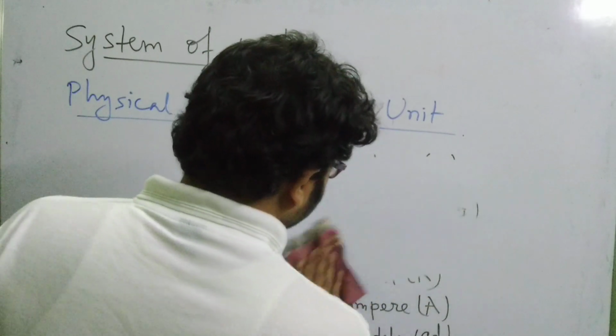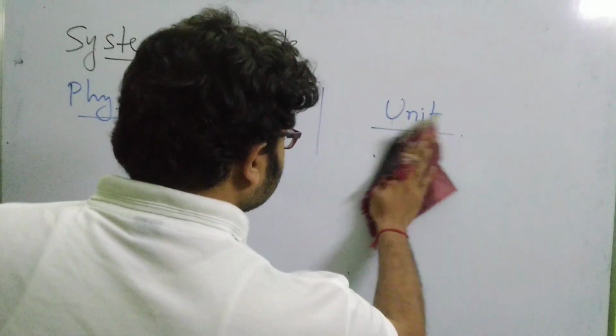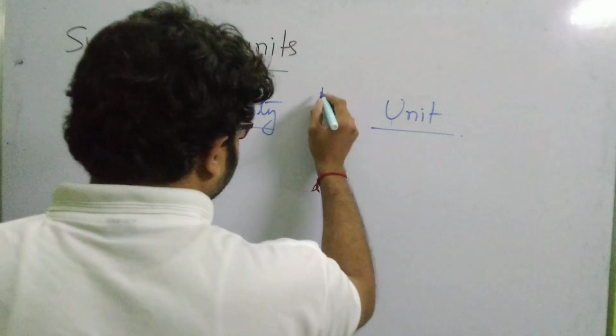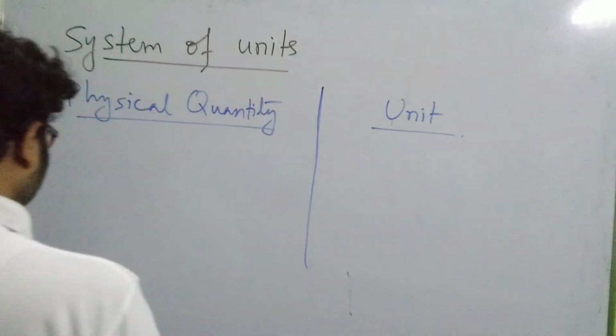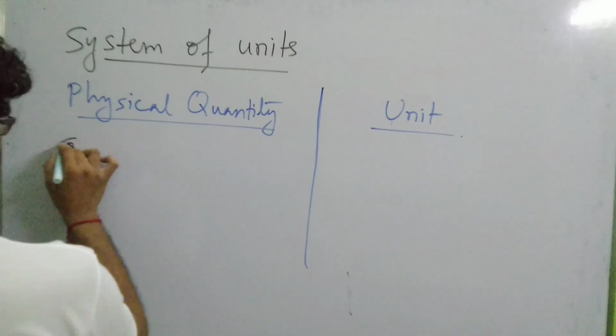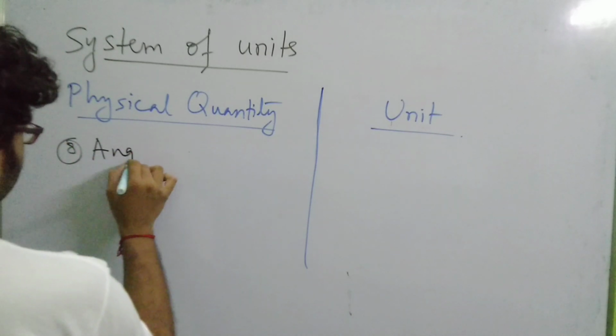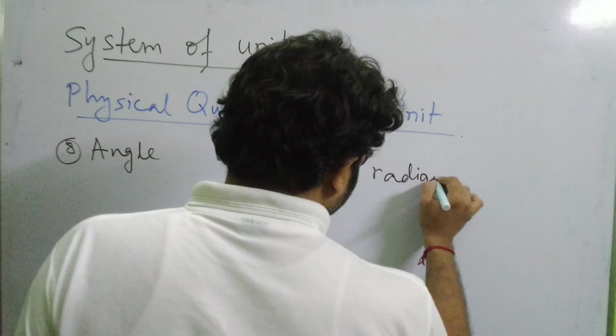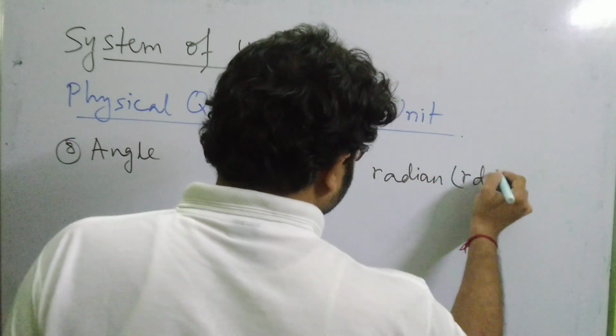angle and solid angle. For angle, the SI unit that we use is actually not degree, rather radian. So the 8th one is angle. The SI unit of angle is radian. The short form is written as RD.